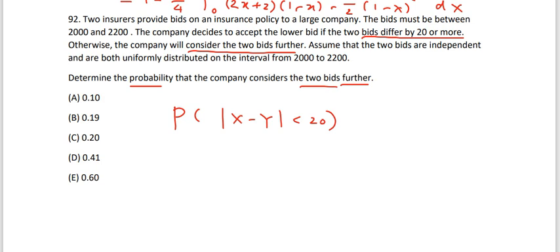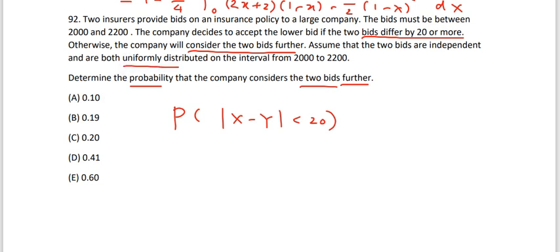The bids must be between this and this. Uniform, okay.